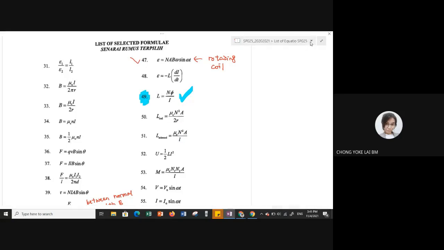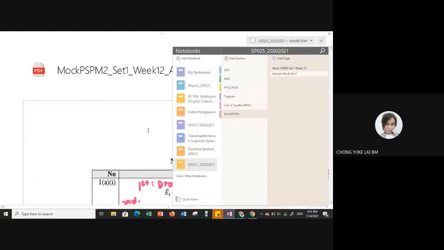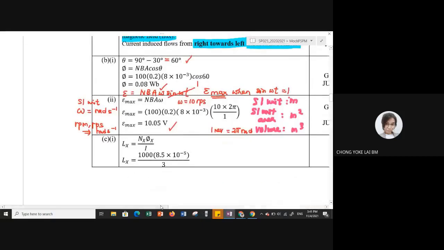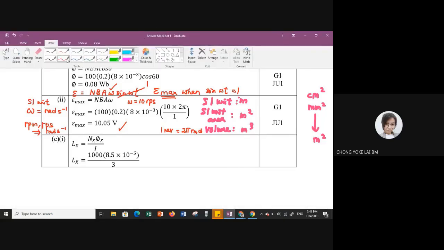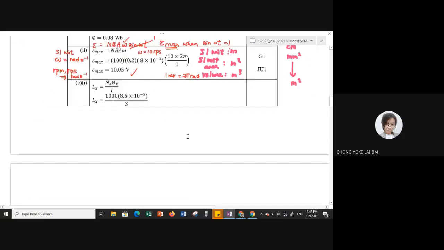Quite straightforward, right? So we substitute. L for coil X is N flux over I, so 1000 times the flux 8.5 × 10^-5 over the current, which is 3 ampere. When you calculate, you will get Lx is 0.0283 Henry.